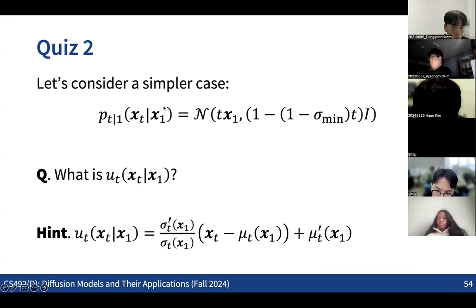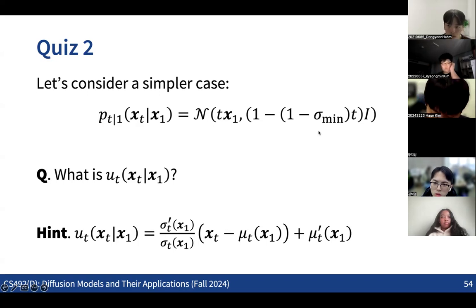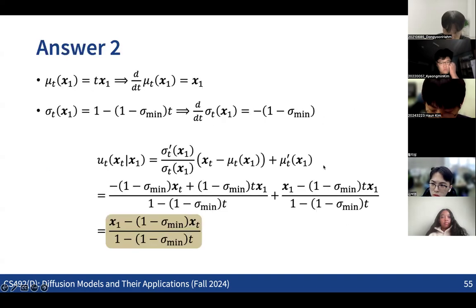In the diffusion model, we could consider various types of forward jump distribution. But now we have even more flexibility, and we can choose a simpler form of the conditional distribution. This is typically used for the flow matching model. For this specific conditional probability path, if we derive the conditional vector field, the output also looks like this.